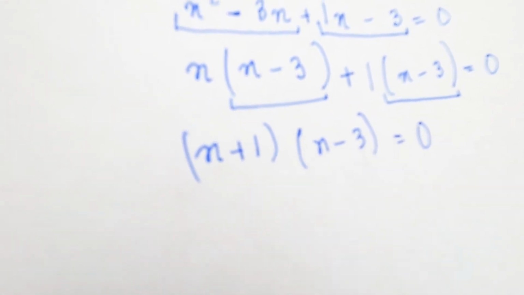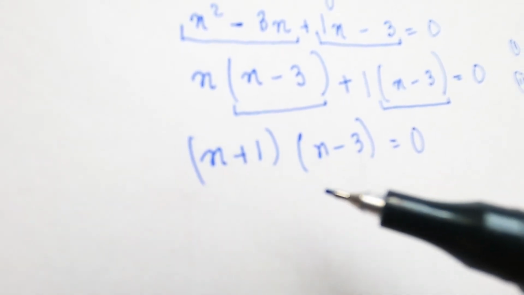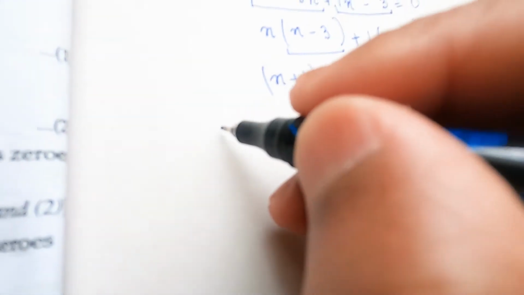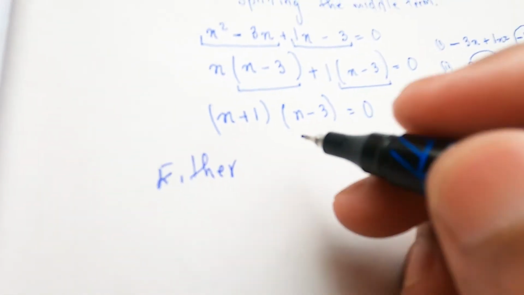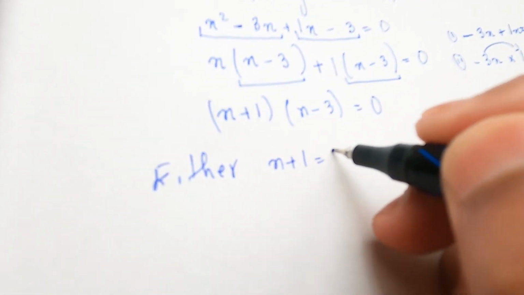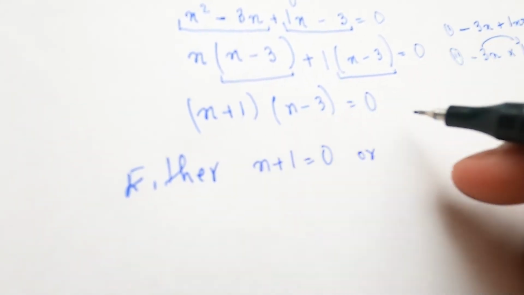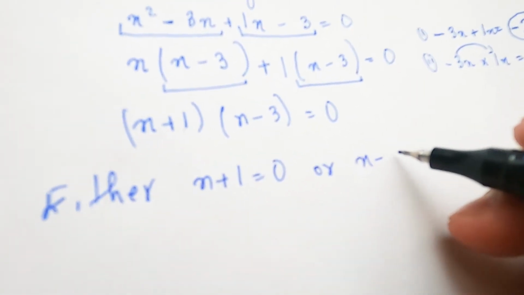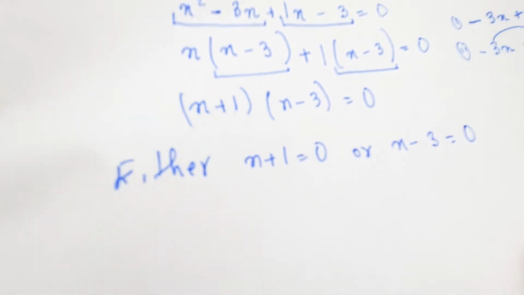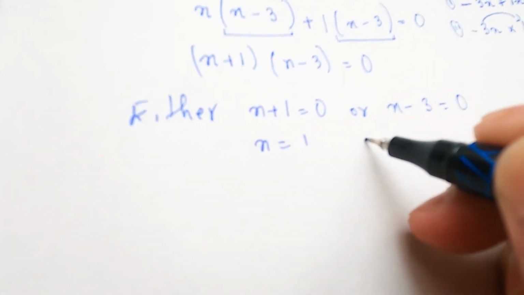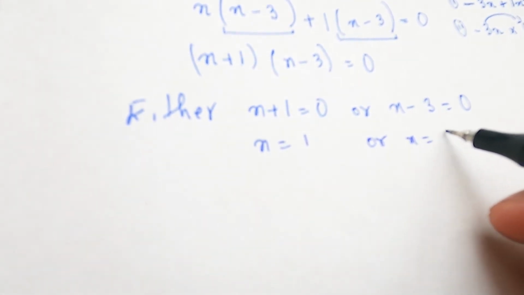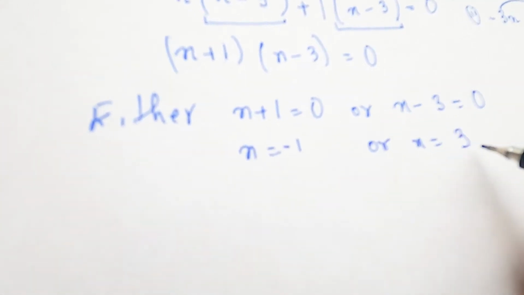Alright, so now next, what we will do is we will find the value of x. So we will write here either x plus 1 is equal to 0 or x minus 3 is equal to 0. Alright, so x is equal to minus 1 or x is equal to 3.